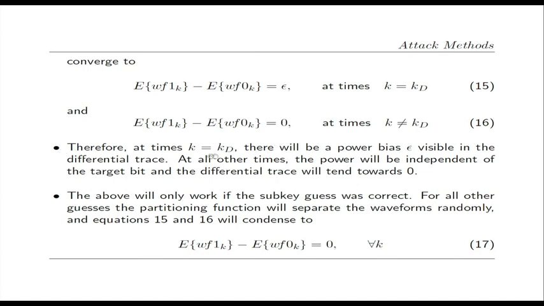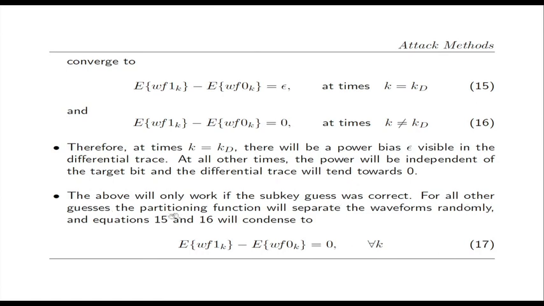Therefore, at time k equal to kd, there will be a power bias epsilon visible in the differential trace, and at all other times the power will be independent of the target bit, and the differential trace will tend towards 0.